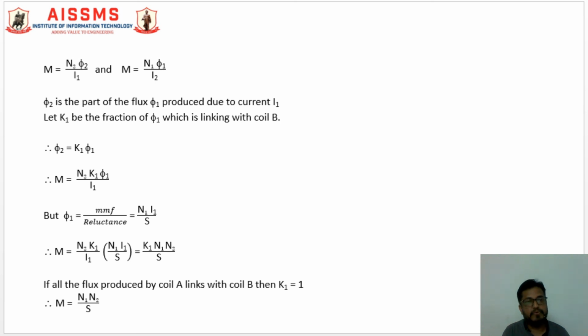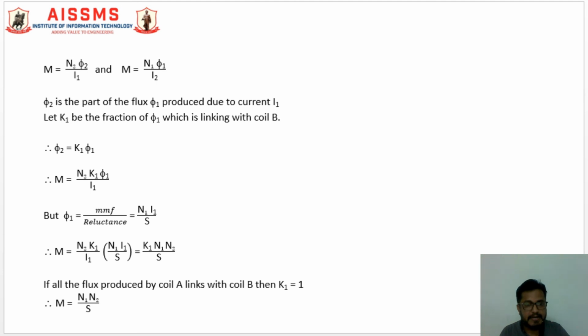But we know flux phi 1, once again, is equal to mmf by reluctance, equal to N1 I1 by S, and therefore mutual inductance M equal to N2 K1 by I1 into N1 I1 by S, and so M equal to K1 N1 N2 divided by reluctance S. If all the flux produced by coil A links with coil B, then fraction K1 equal to 1.